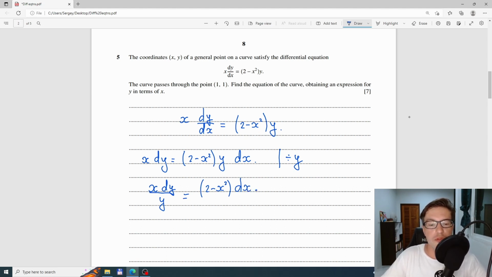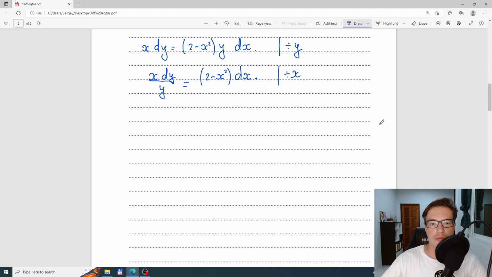Now, I want to move this x from the left side to the right side, so I'll divide both sides by x. And I will get dy over y equals (2 minus x squared) over x dx. Now, y and dy are on the left side, and x and dx are on the right side. So that means our variables are separated, and we can start integrating.